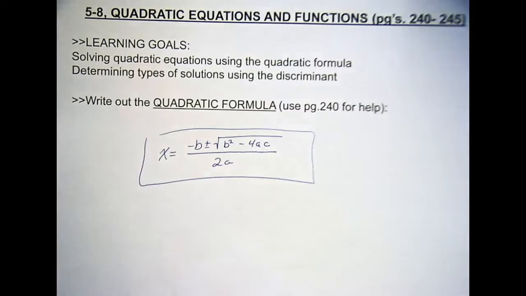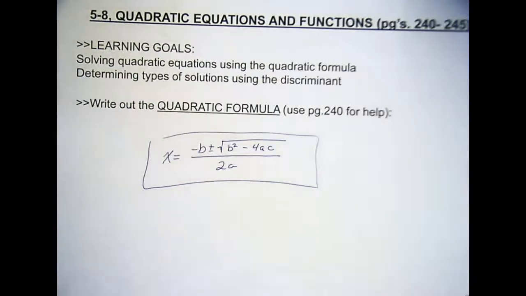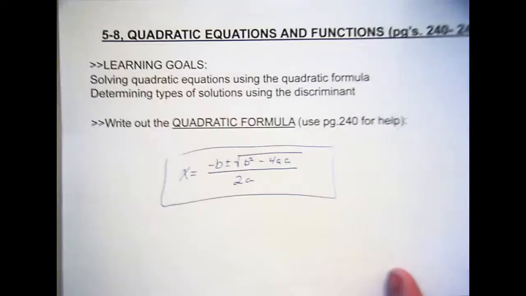They all do the same thing. The benefit of the quadratic formula is it works for every quadratic. Factoring is very quick a lot of the time. However, not all quadratics can be factored.